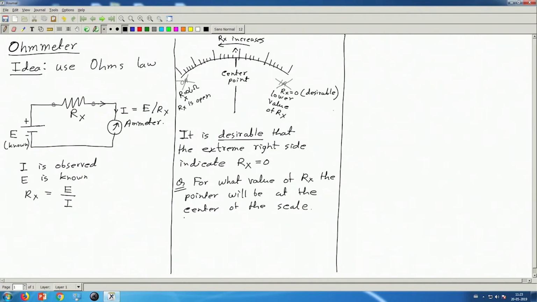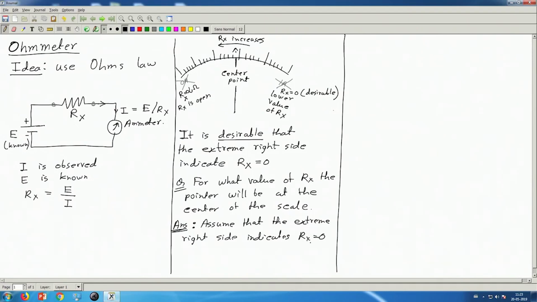To answer this question, we will assume that the extreme right side indicates Rx equal to 0.